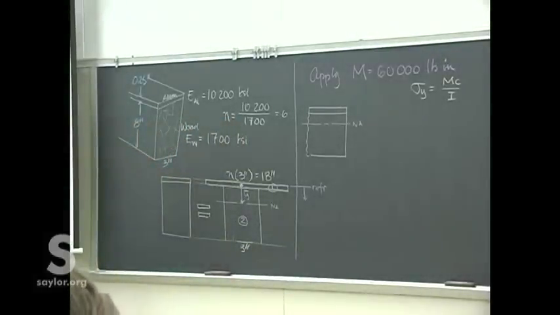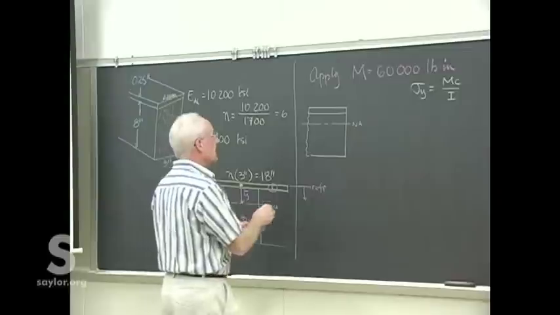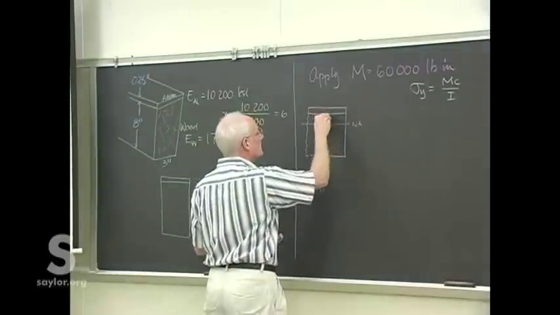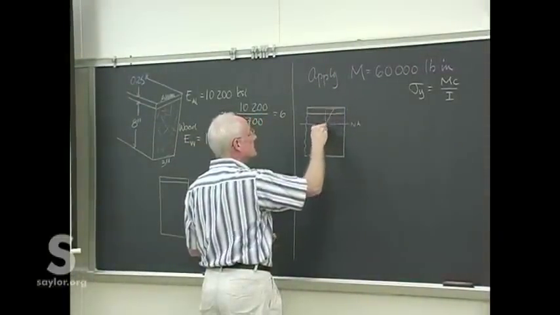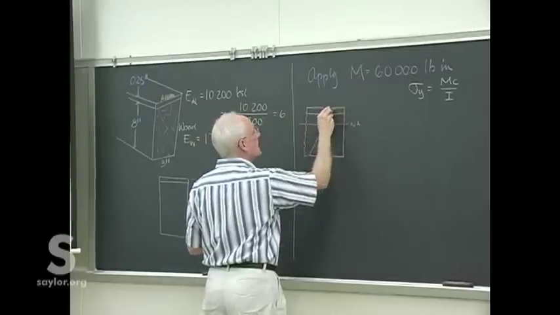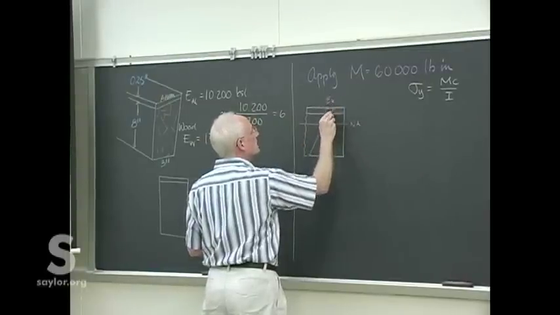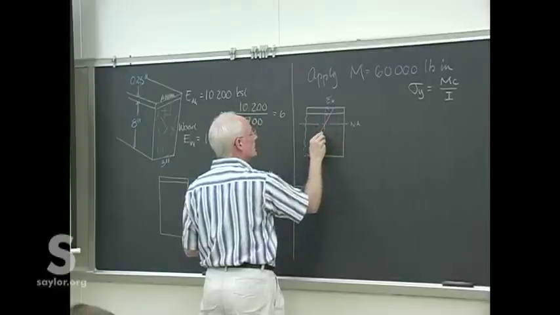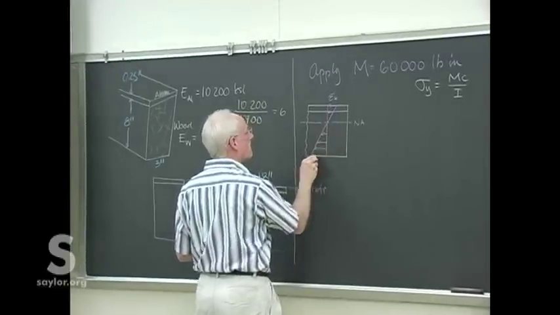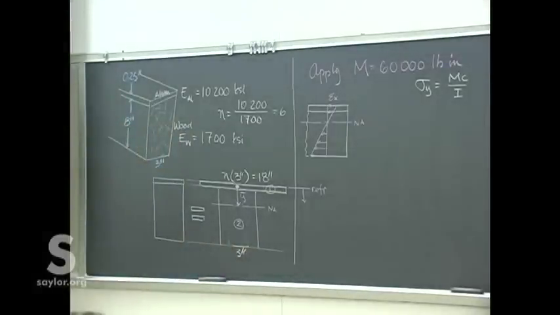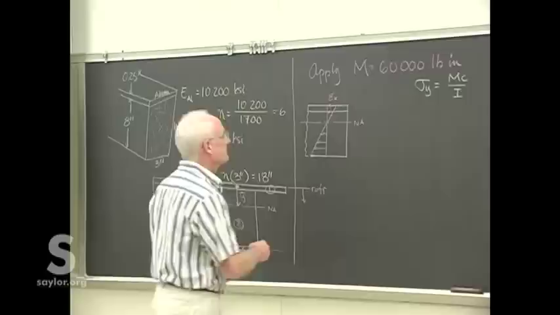So the strain distribution is linear, just like it was before. It's just now we know where the neutral axis is, and it's not where we would have placed it with just that simple rectangular beam. So the strain remains the same, still linear, still zero at the neutral axis. It's just now we know where the neutral axis is of our equivalent beam.